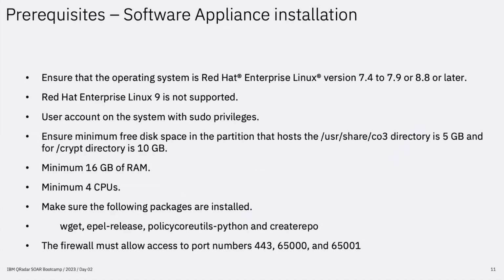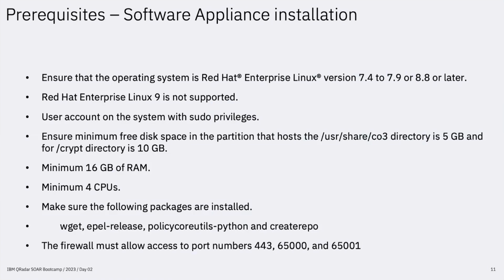Now for software installation, here are the prerequisites. You need to ensure that the operating system is Red Hat Enterprise Linux version from 7.4 to 7.9 or 8.8 or later. A point to be noted here, RHEL 9 is not yet supported. Now you need a user account on the system with sudo privileges.